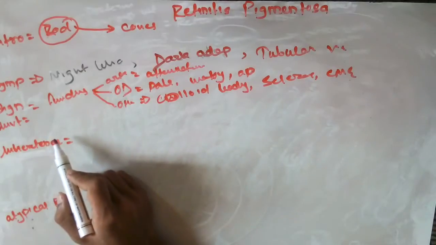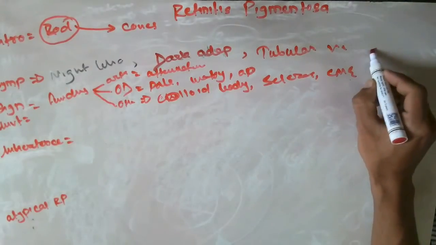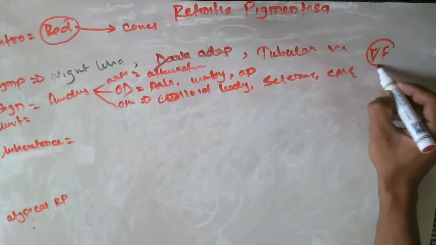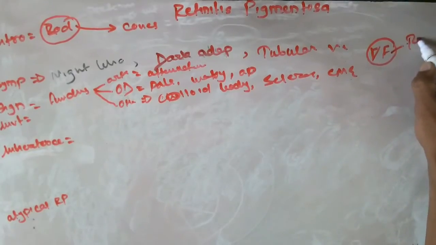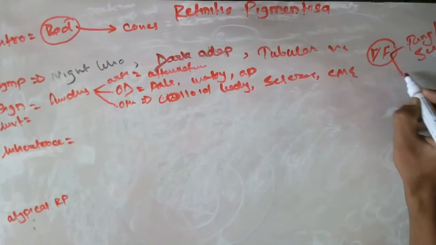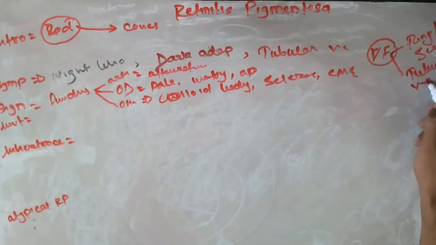Now, on visual field examination, there is initially a ring or annular scotoma, and later it progresses to tubular vision. In the late stage tubular vision is seen.